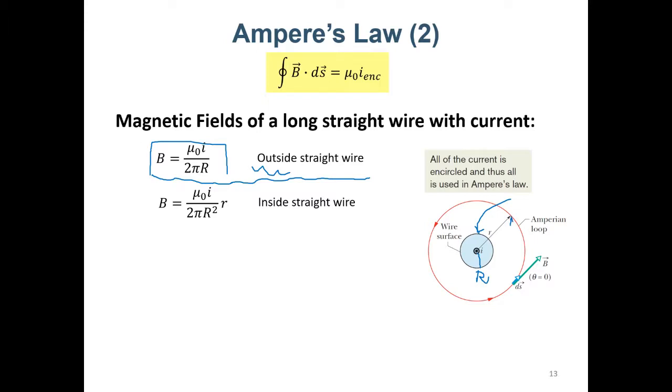So for this case, it should be r larger than capital R. And for this one, r should be less than capital R. And of course, when r is equal to capital R, these two are the same. And using Ampere's law, we can show the magnetic field is something like this.